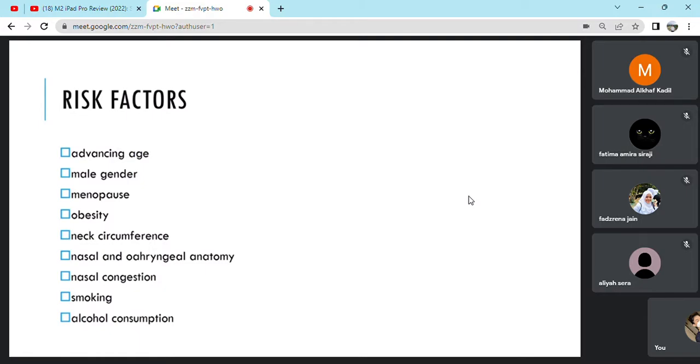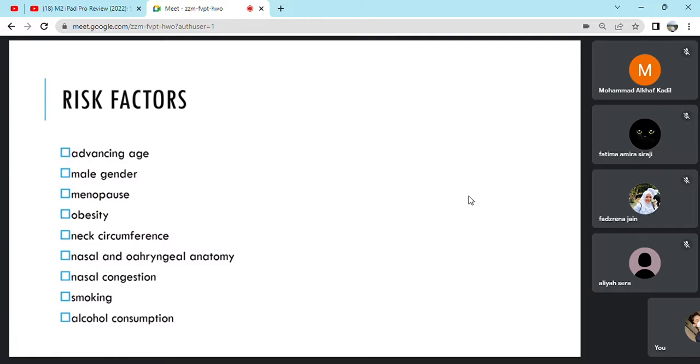Well, again, as I've said, the most common cause of obstructive sleep apnea is actually obesity. Because commonly, if you see the profile of your patient suffering from OSA, usually they are considered obese. If you get their BMI, magpo-fall talaga sila ng obese.